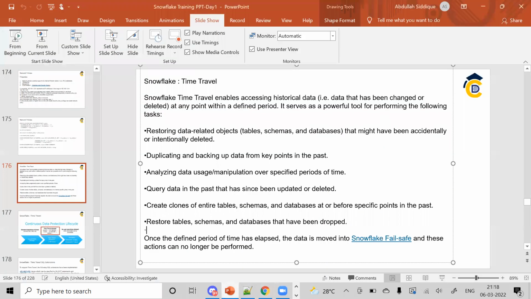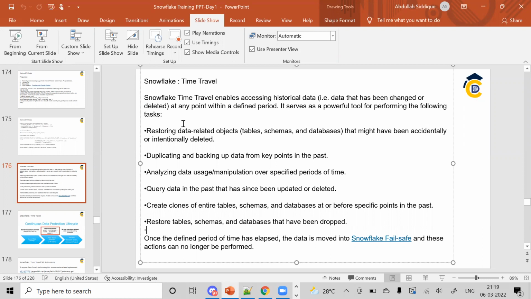So guys, we will see what time travel is. As the name suggests, you can travel in time, and this is not the future. Time travel can be in past and future as well, but this is about the past. You can go back in time and see the state of data on a particular past date.